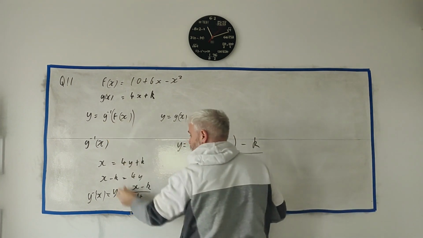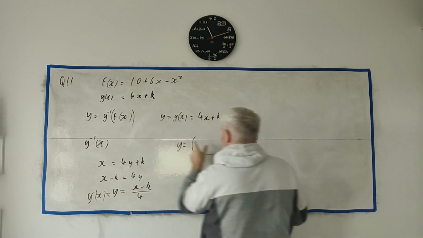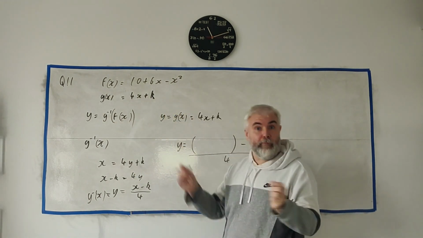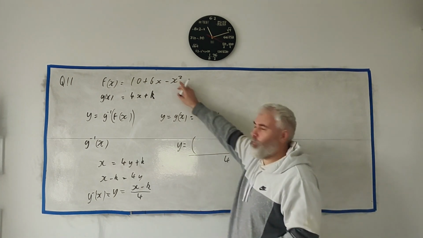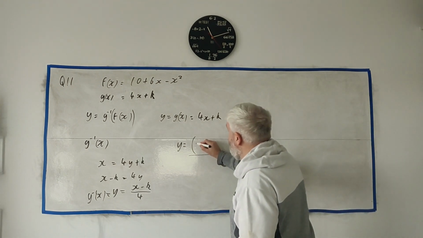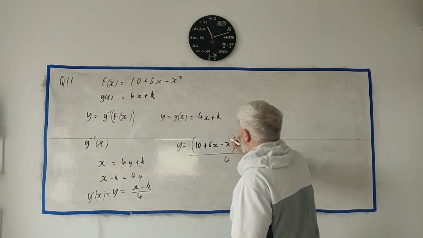The something minus k over 4. The something in this case is f(x). So what goes in here? f(x) goes in here. You could use this one or the completed square one. It doesn't matter. Although this one just is going to save me one line later on. So I'm putting this in here. This is 10 plus 6x minus x squared.